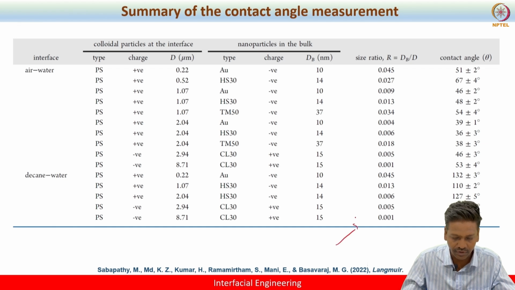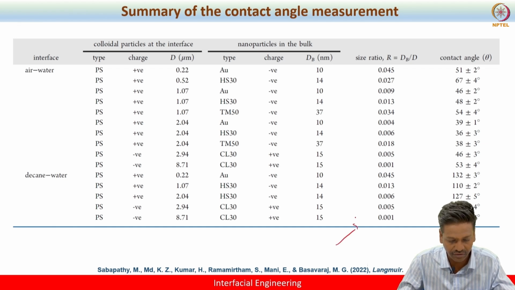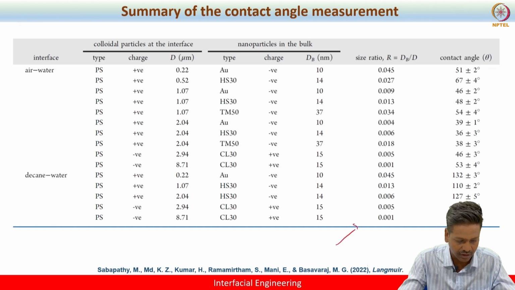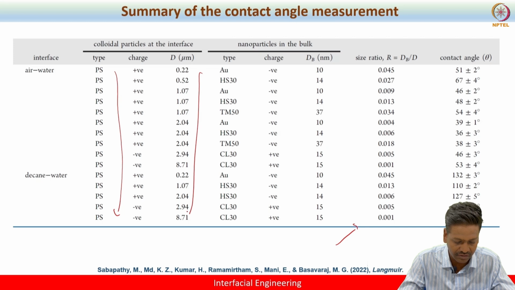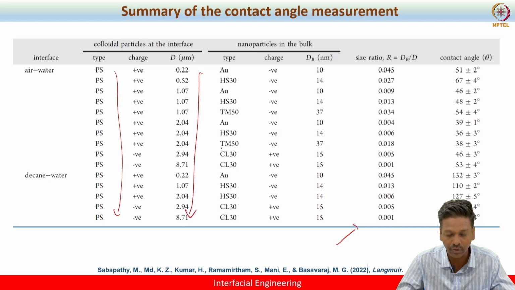This is the summary of the contact angle measurement. You can see that particles with different charges and different sizes can be used; this method can be employed to measure theta for a range of particles, right?